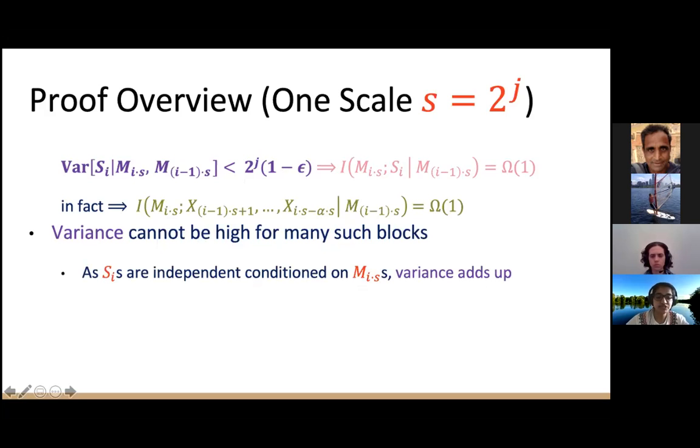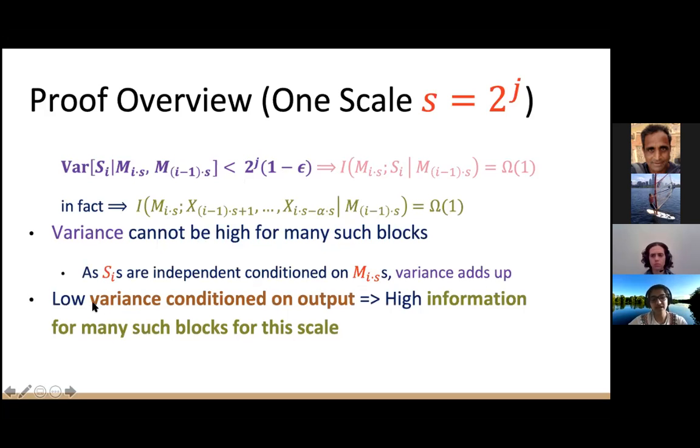We can show that if we have low variance conditioned on the output of the streaming algorithm M, this implies that these variances cannot be high for many such blocks, which further implies that you have high mutual information for many such blocks at this scale. So this is basically it, and then you add up the scales and you finally get the required variance-information trade-off.